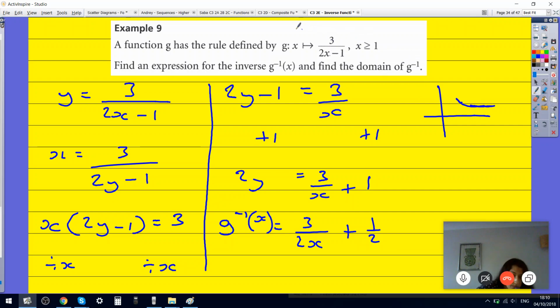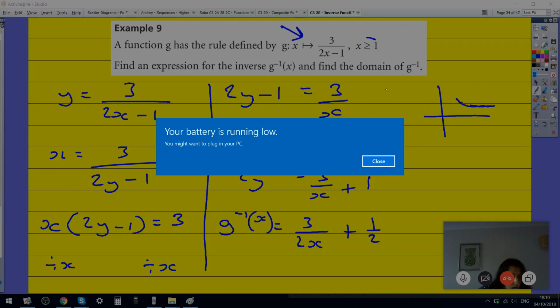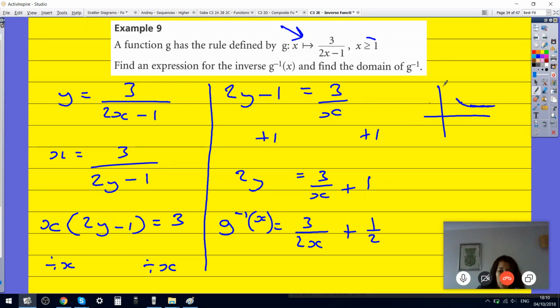So for this graph, for the first function, when x is 1, what do you get? In the original function? 3 over 2 minus 1, 3.